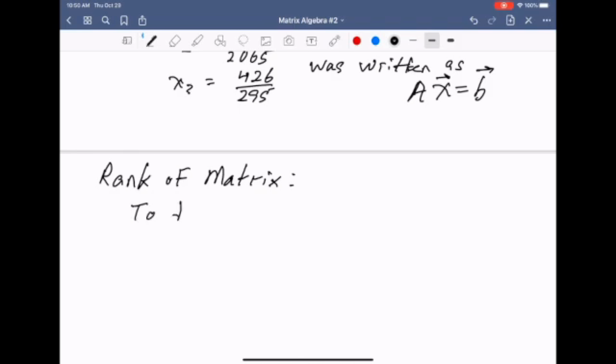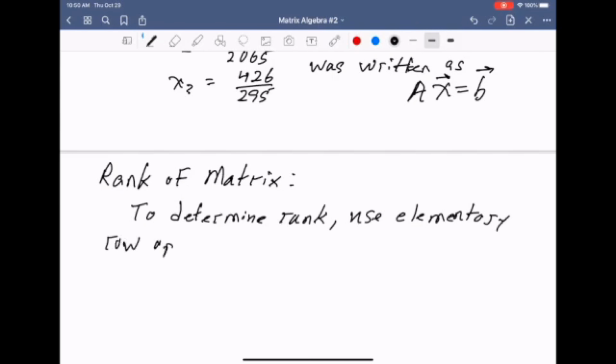To determine the rank of a matrix, use elementary row operations. And remember, when we talk about elementary row operations, we find that you can also do the same thing with columns. All right, so we can have column matrices as well.